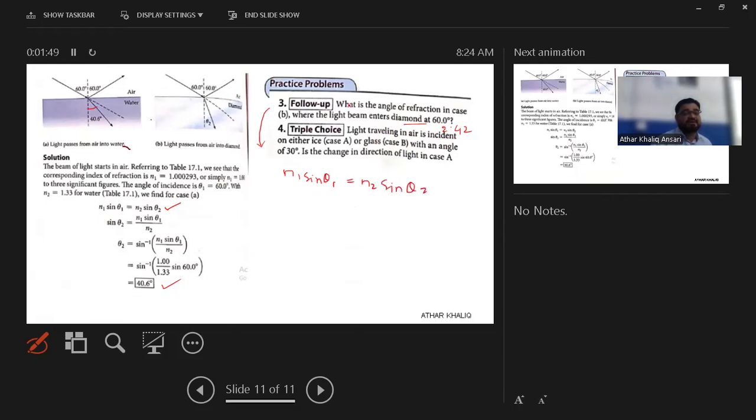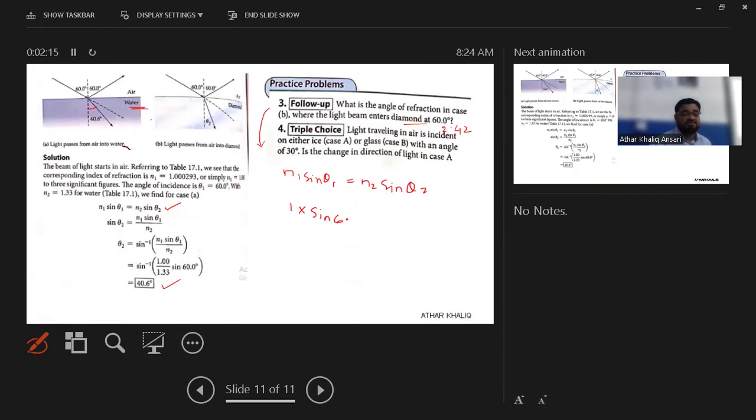But in this case, they are asking what is the angle of refraction where the light beam enters the diamond. So this one is not water, it is diamond. So what will happen? n1 for the air is only 1.0.